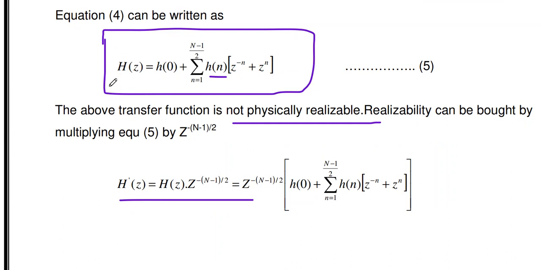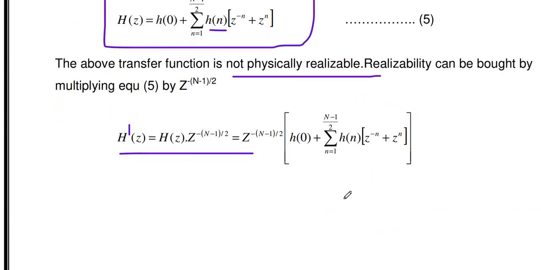If you multiply the non-causal transfer function with z power minus (N minus 1)/2, we get the realizable transfer function. So the z power plus n is converted into z power minus n, and we get the physically realizable filter.